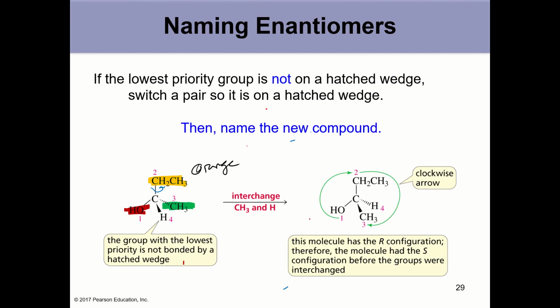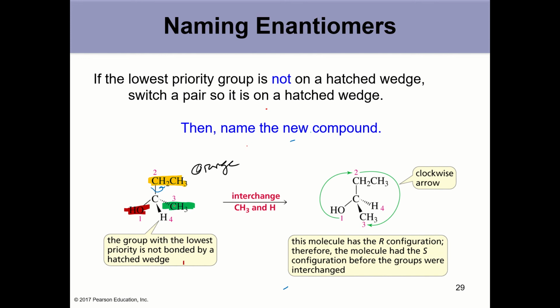What do you do if the lowest priority group is not on a hatched wedge? Your book has a method that it suggests. The book suggests that you interchange the lowest priority group with the group that is on the hatched wedge.